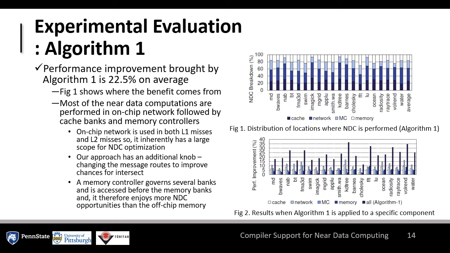The remaining bars show what if we apply near data computing on only one component. If you consider near data computing only in cache, that is what the first bar shows, or only in on-chip network, that is what the second bar shows. The main observation from this graph is that for the best results, it's really important to exploit near data computing opportunities in all our four target locations.